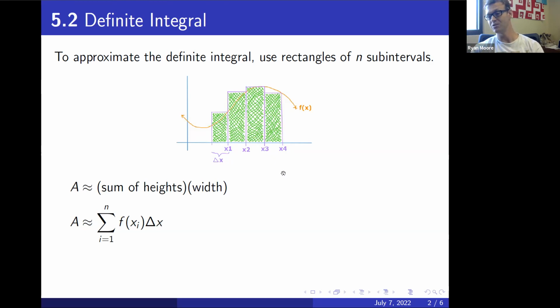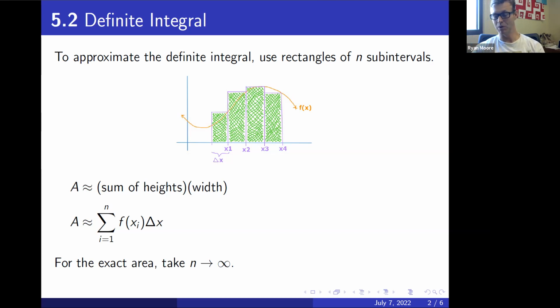If we did 16 rectangles, that'd be even more accurate. How many rectangles do we need to get that curved area exactly without any error? We're going to need infinitely many rectangles, because more is always better. So for the exact area, we're going to take n to infinity.